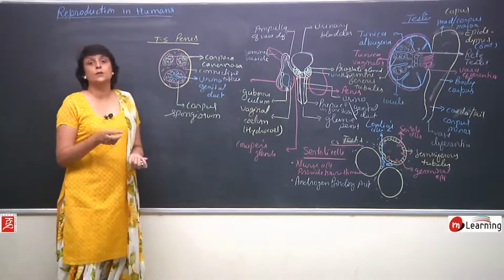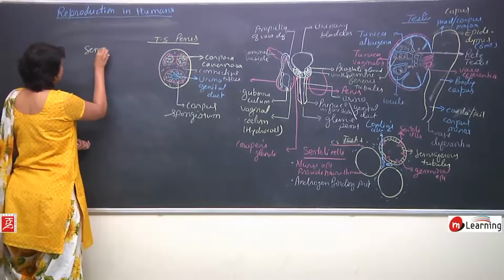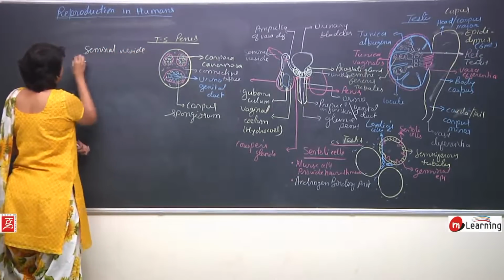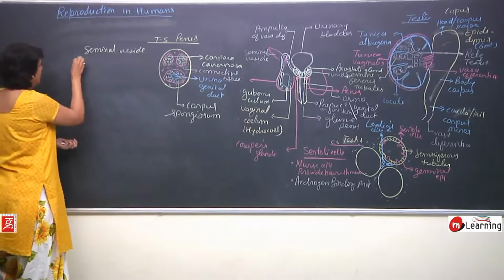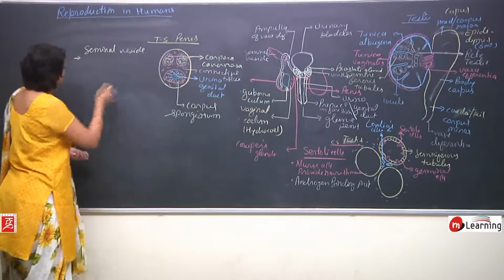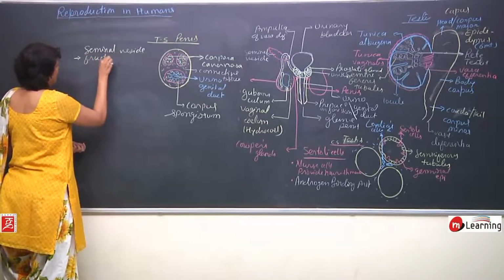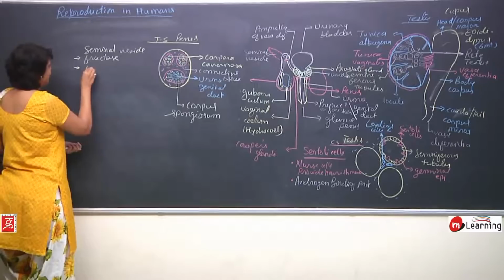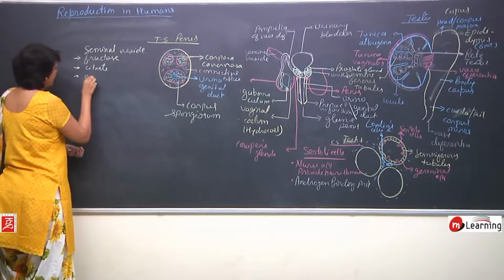They pour their secretions. So, seminal vesicles, they pour their secretion which contains fructose, citrate, some enzymes.